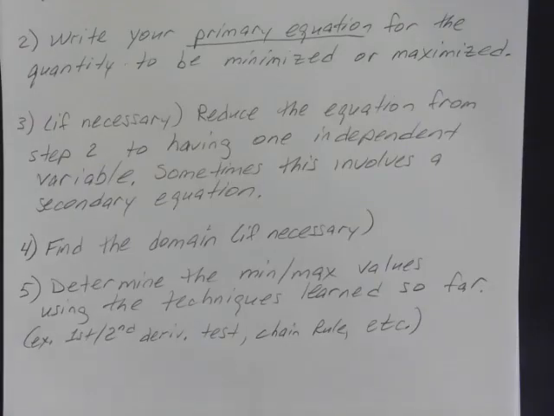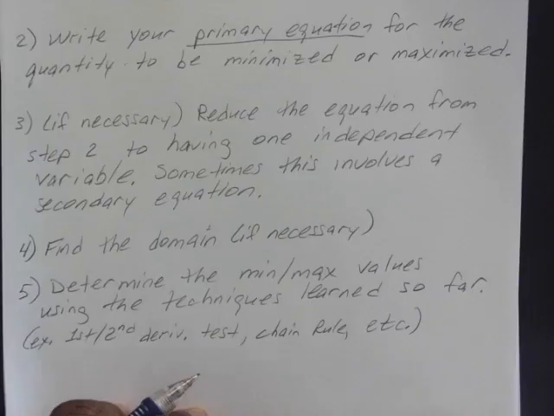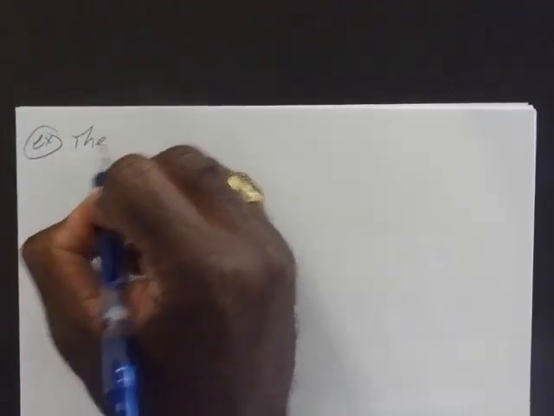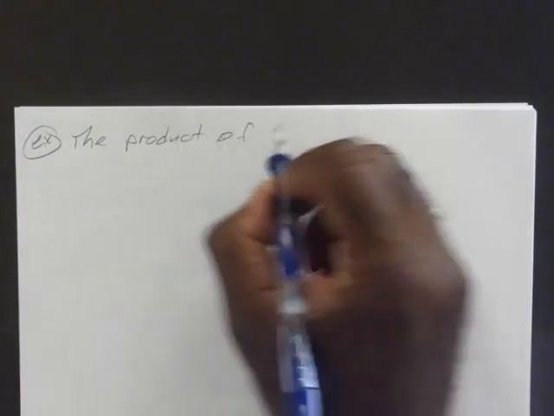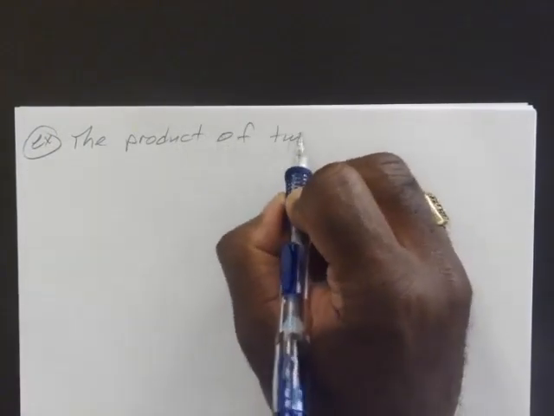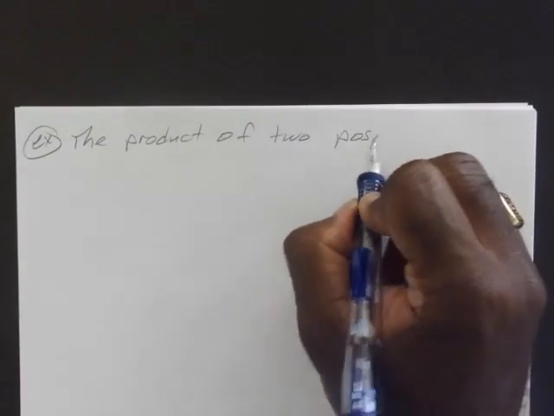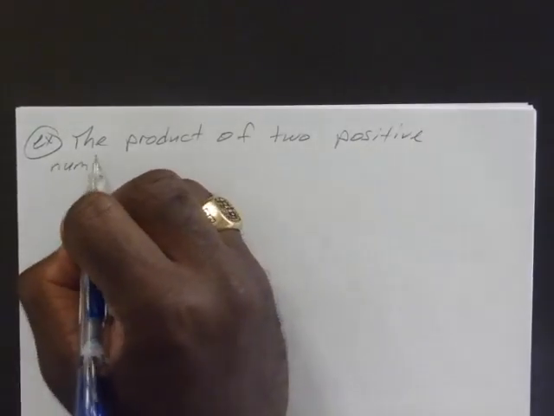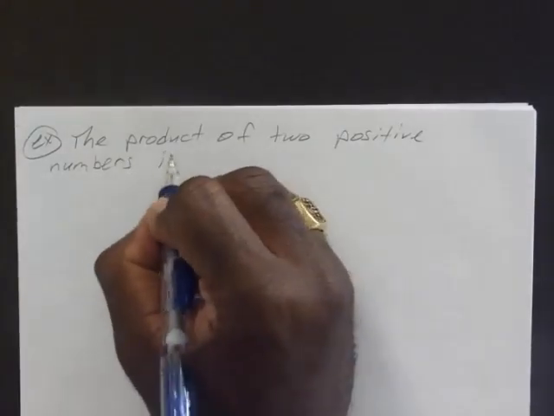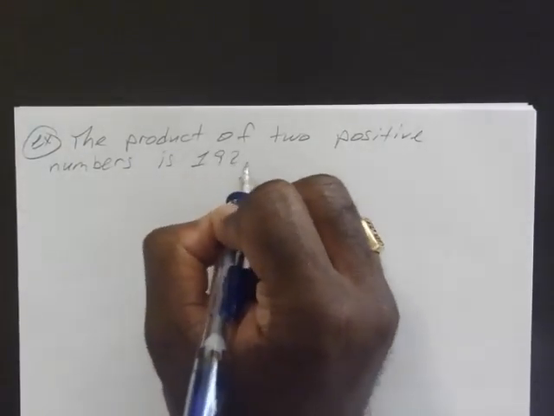All right. Okay. So let's say, for example, we know that the product of two positive numbers is 192.